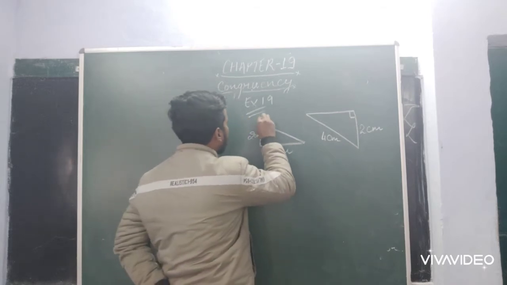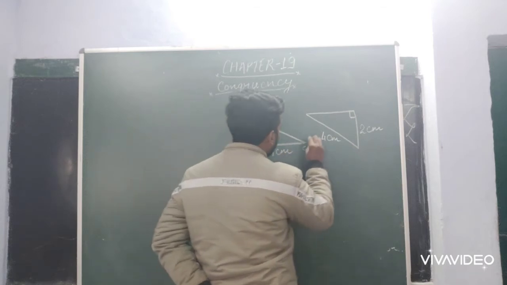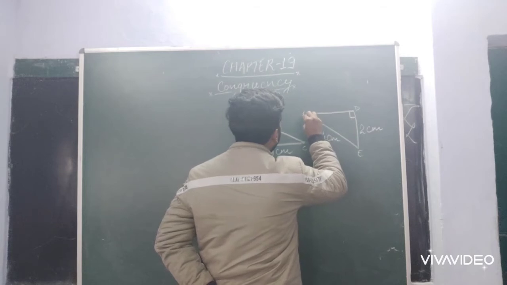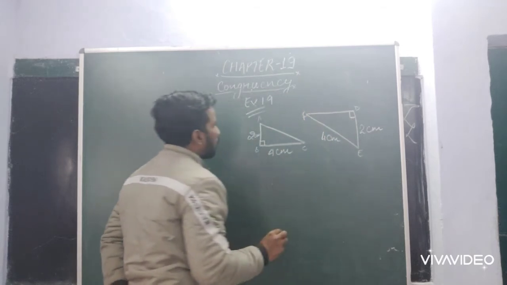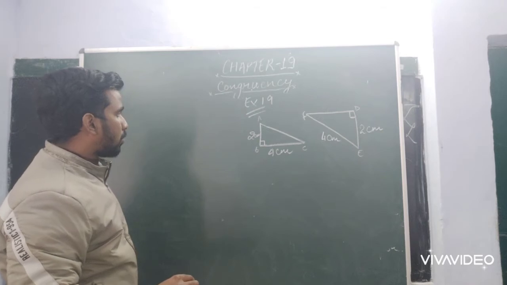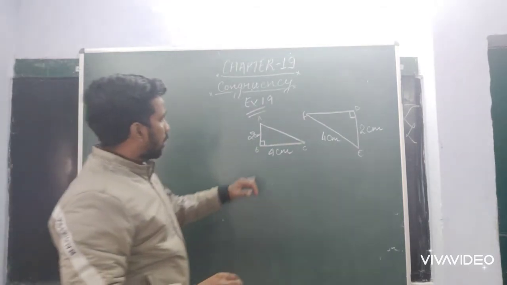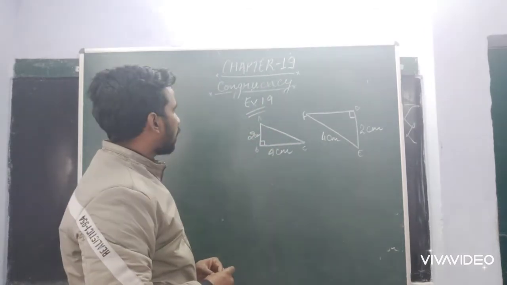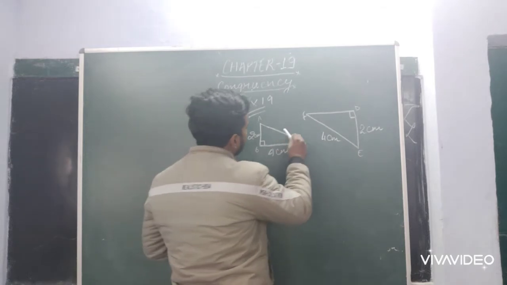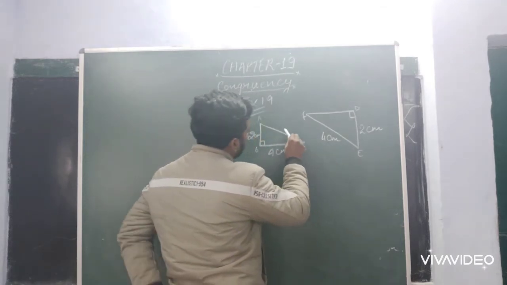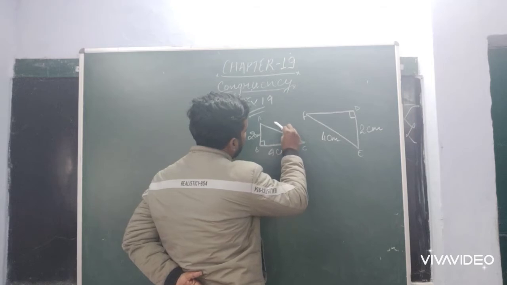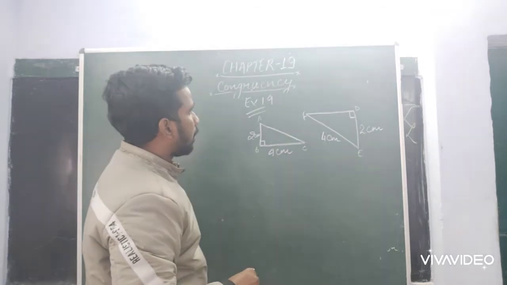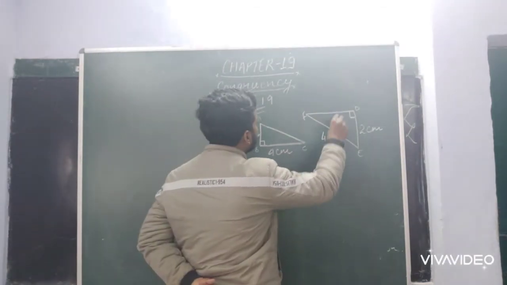We can name it A, B, C and D, E, F. Now you have to prove whether ABC is congruent to DEF. So now you are seeing that a 90-degree angle is given, so this is a right angle triangle. In front of it is the hypotenuse. Here the hypotenuse does not have any marking, and here the hypotenuse has the marking of 4 centimeters, and here you can see there is no marking given.